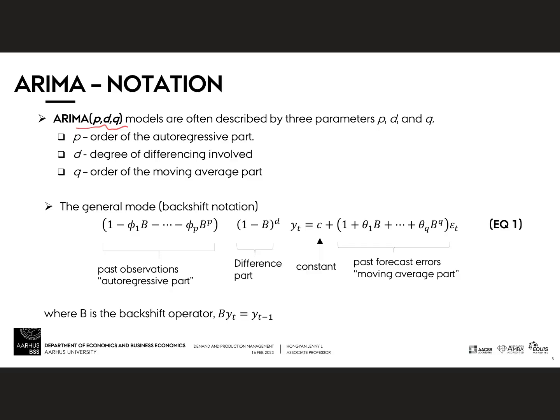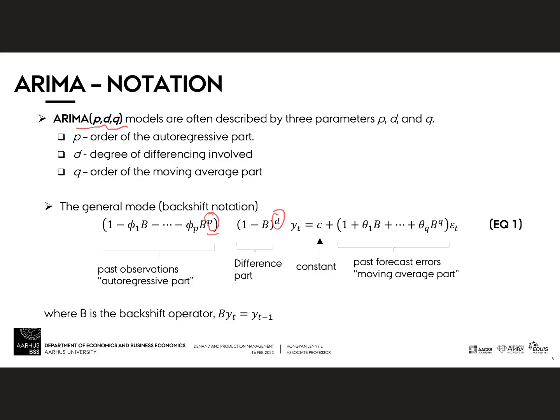We explained what P or Q is in the previous slides. Here you can see the P is showing in the backshift notation of the ARIMA model, which means you have P past real numbers considered. And D is used if you need to transform your data to be stationary.